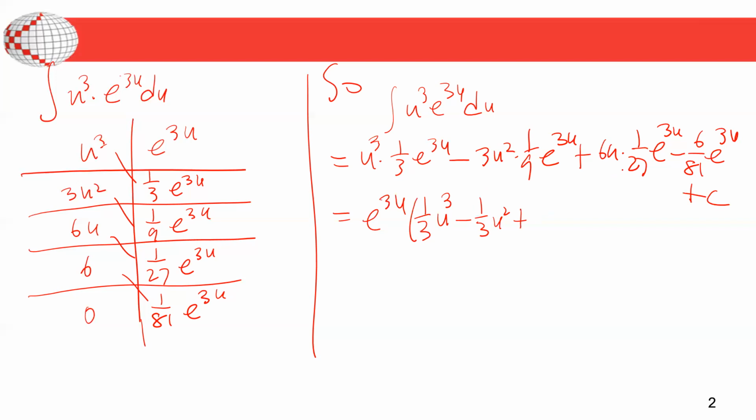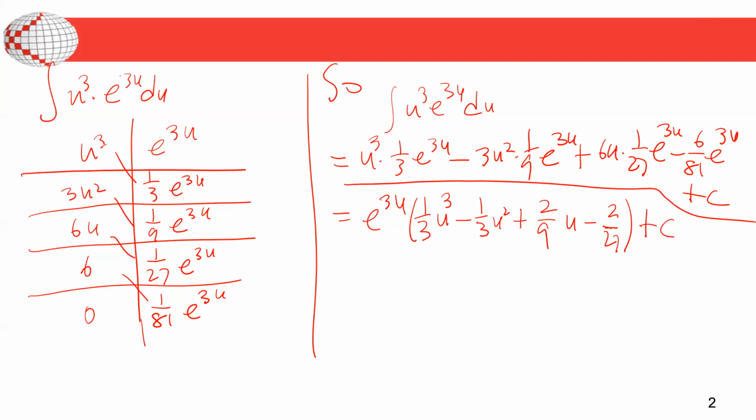And the third term here is 6u, 6/27. We cancel 3. We get 2/9 u. The last term, 6/81, and we can cancel 3 from the numerator and denominator. We get 2/27, plus c.